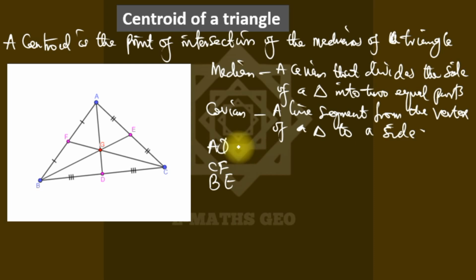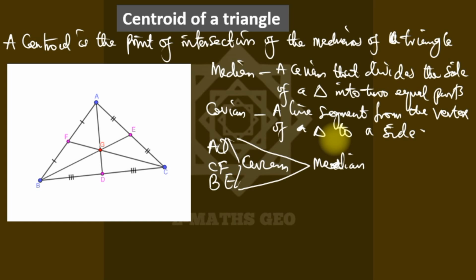So they are all Cevians. And since they divide the sides into two equal parts, they are now medians. A Cevian that is a median. We still have others like angle bisector.